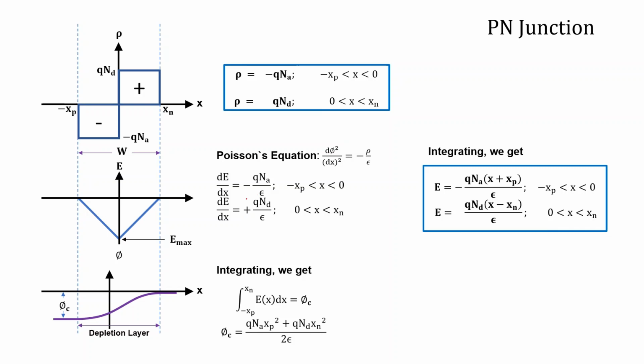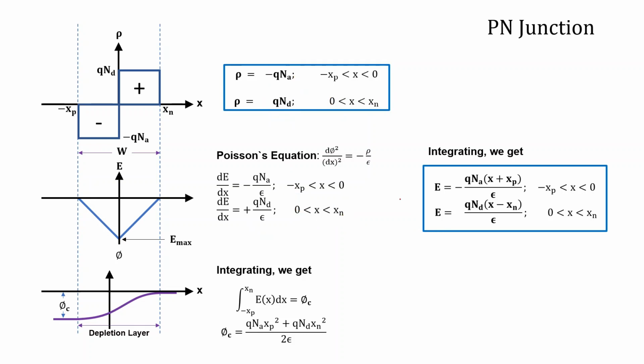So dE by dx from region minus xp to 0, in this region dE by dx is this much, and in this region 0 to xn dE by dx is this much, because the charge densities differ in both the regions.